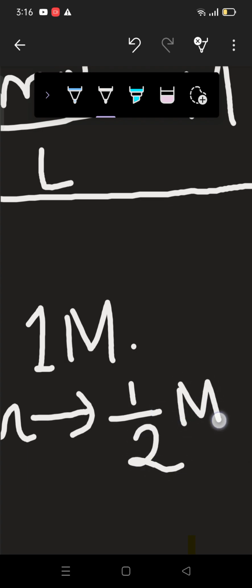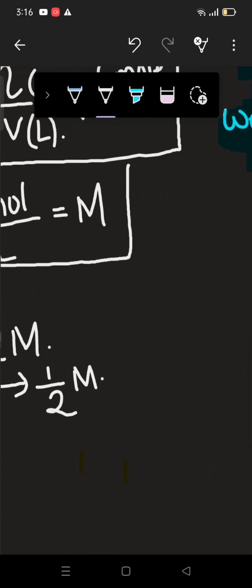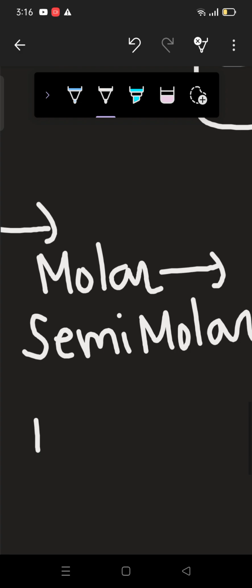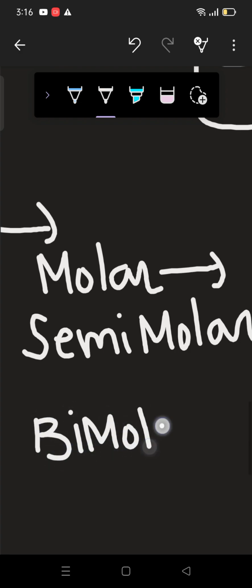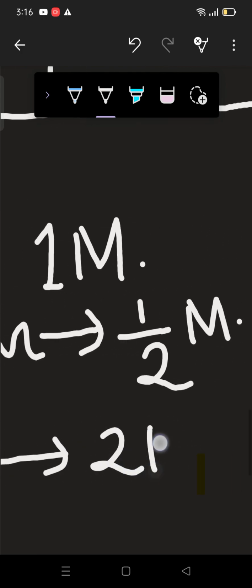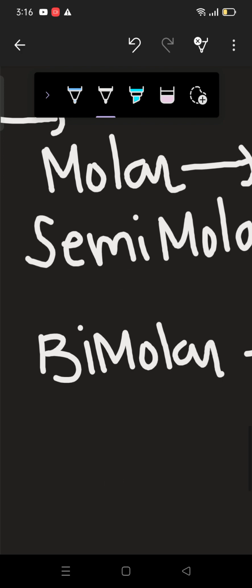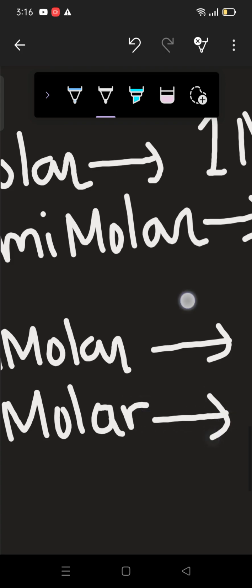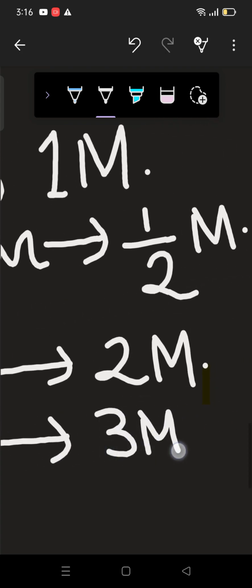Semi means half, right? Or you can write M by 2. If you have, suppose, a bimolar solution, which means your molarity is 2, so 2M. If you have a trimolar solution, your molarity is 3, so 3M.